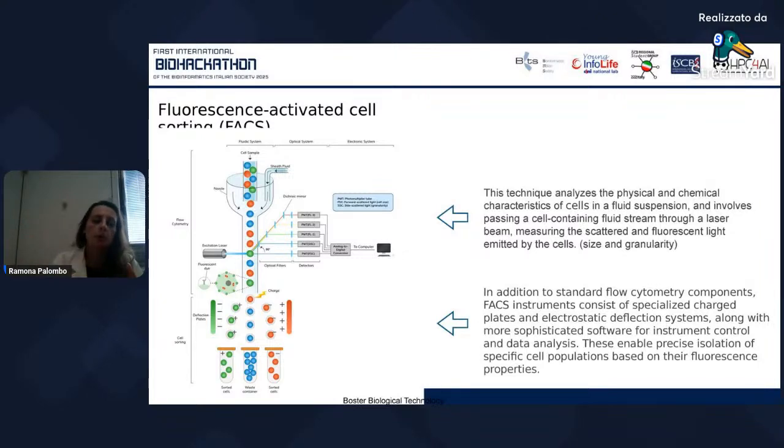It is also important for living and dead cells because dead cells also express annexin, so I can detect the annexin on the surface of these cells, and I can eliminate these cells from the populations in the sample. And so I can enrich the sample with living cells.